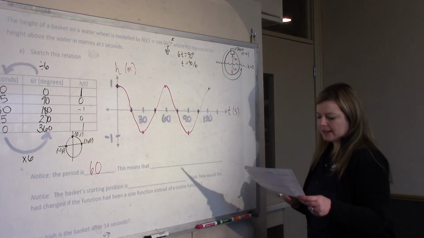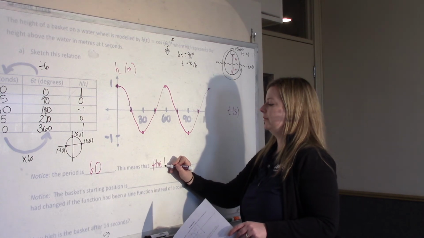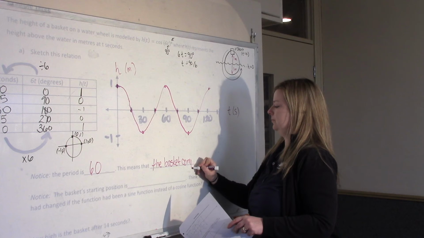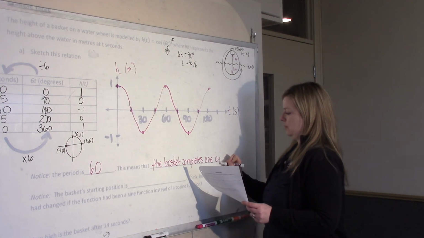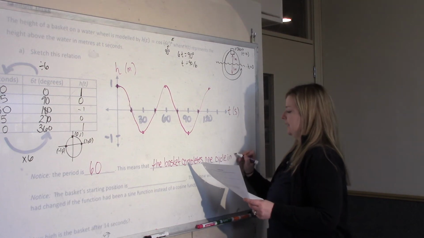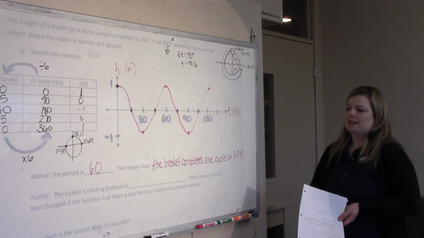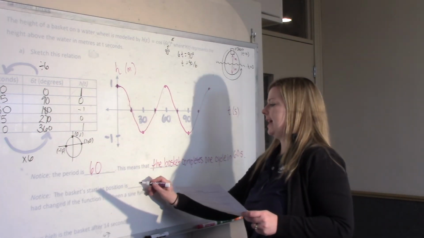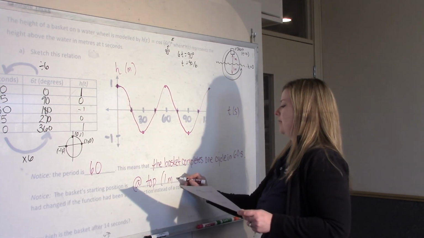This means that the basket completes one cycle in 60 seconds. That's what that means. And also notice that the basket's starting position is at the top, so 1 meter high.